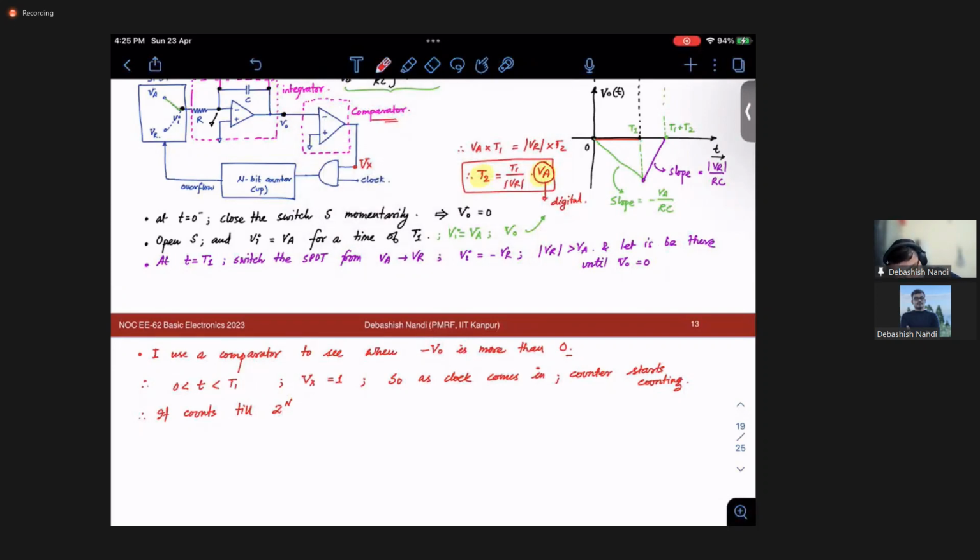So the counter counts till 2 to the power n and makes overflow 1. Okay. As soon as my overflow is 1, what does it do? It changes the SPDT switch to Vi equal to Vr.